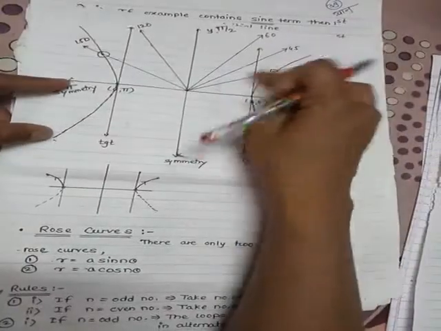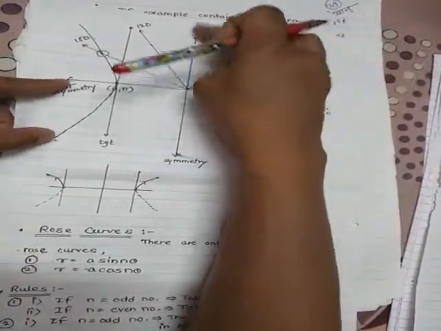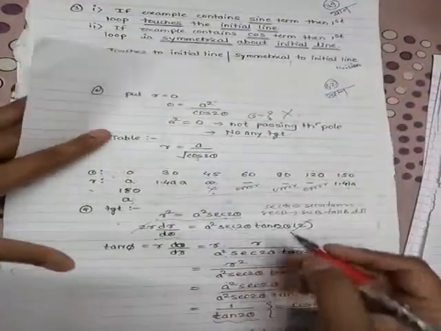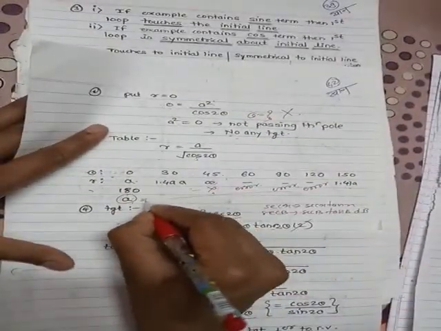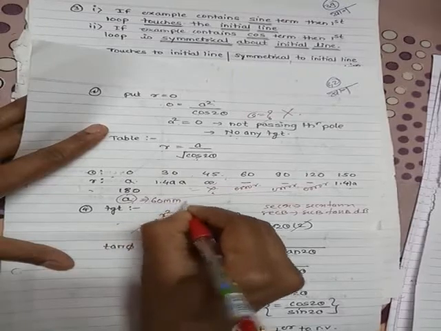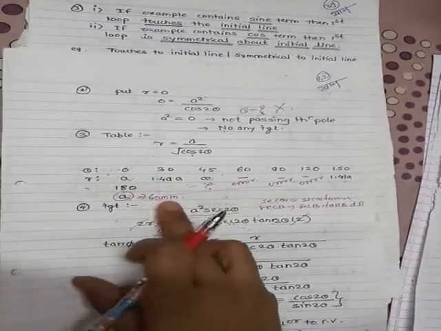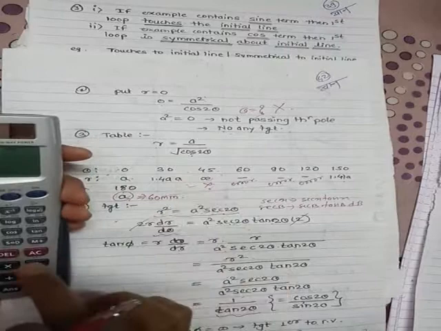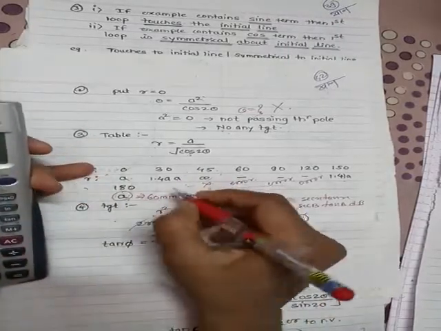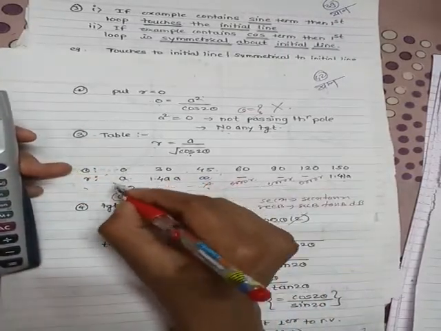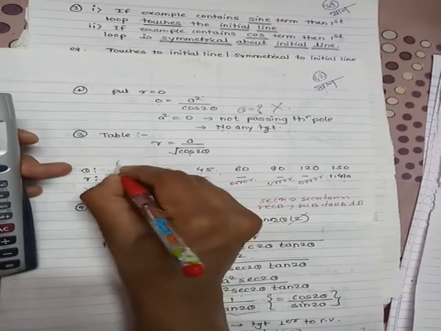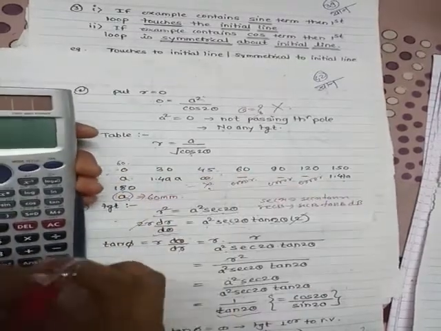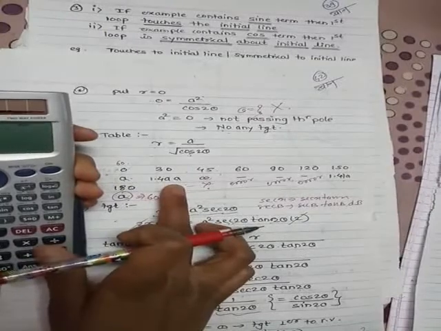Now plot the curve. First the lines 0, 30, 45, 60, 90, 120, 150, 180 we have to draw. Here the highest distance is a, so take this as 60 mm. So this is a. For theta equal to 0, this is 60 mm. For 30 it is 1.41 into 60, since a value is your 60 mm.